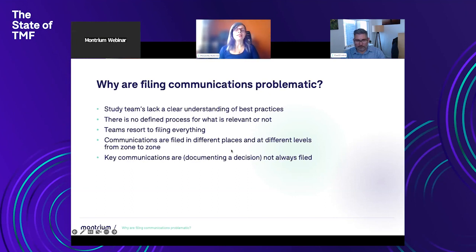So even the identification of the right artifact, the right zone, can be challenging sometimes, because there can be a transversal reference on the topic. So definitely that is a very challenging part, because you need to define a process.